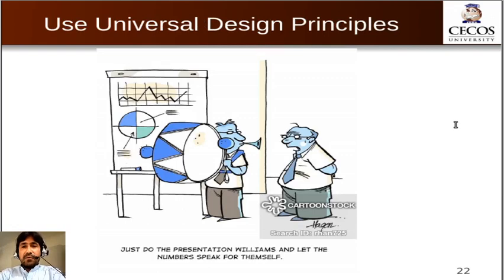Okay, there are some universal design principles which are recommended, and you have to follow them for preparing your presentation and also for delivering it. These principles include, for example, the font size of your presentation.